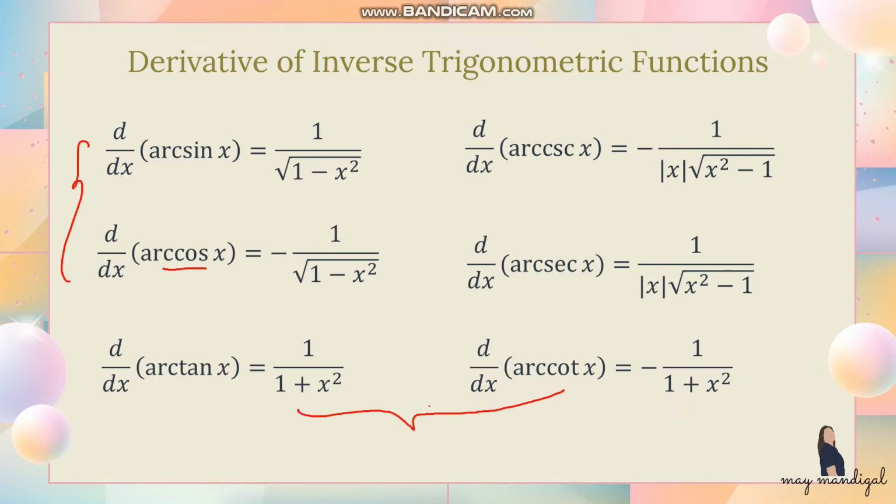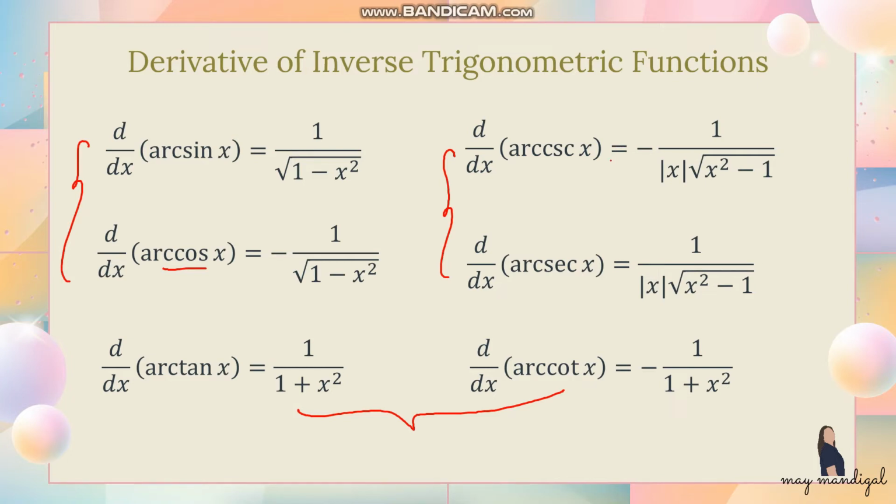Again, they have the same formula, which is 1 over 1 plus x squared, and the cotangent is just negative. Lastly, we have arc cosecant and arc secant. Again, they have the same formula, 1 over absolute value of x times the square root of x squared minus 1, but arc cosecant is negative.